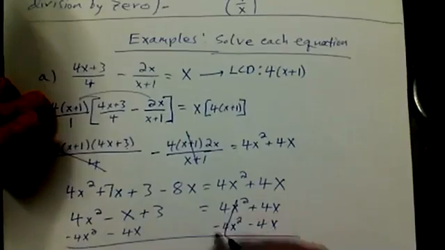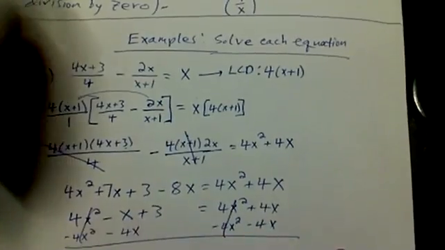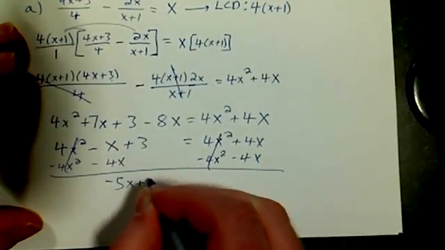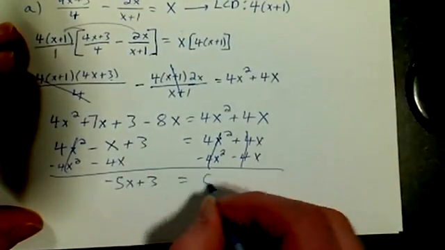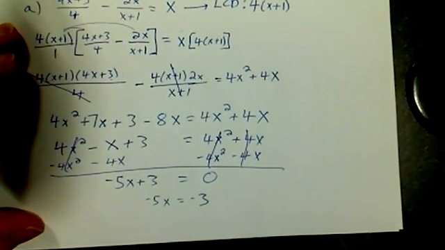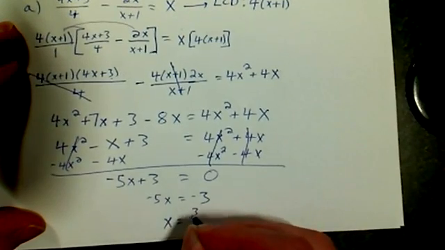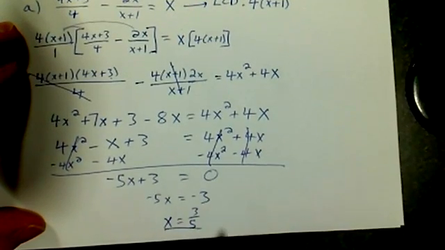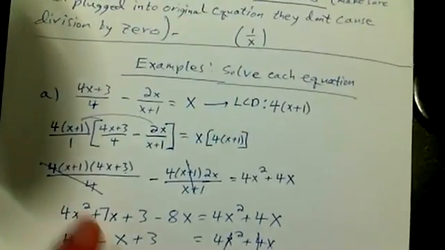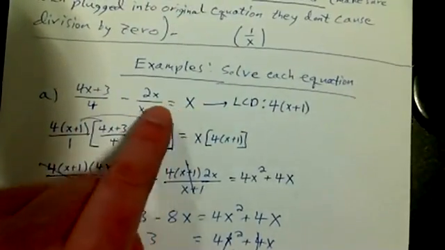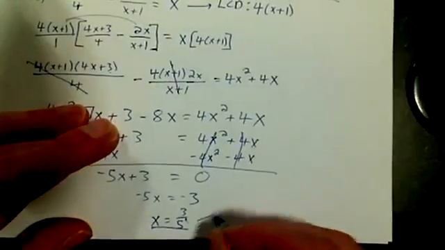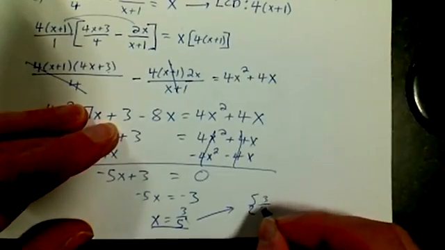And now our quadratic equation is actually turning into a linear equation, which is pretty nice. Negative 5x plus 3 is equal to 0, meaning negative 5x equals negative 3, or x equals 3 over 5. Okay? And now I'm going to check if I put in 3/5 into the original equation, does it cause division by 0? It looks like I'm good. So this is my solution: 3/5.